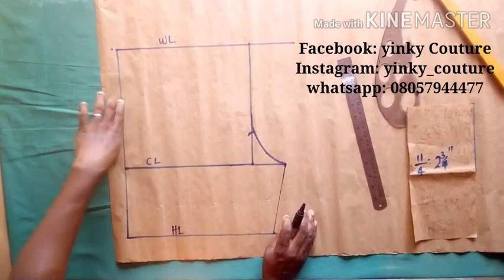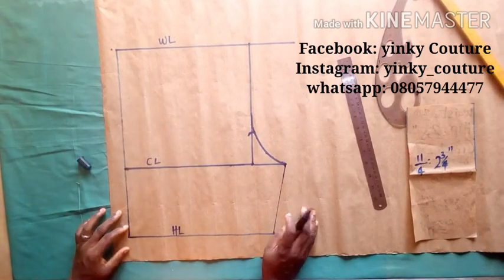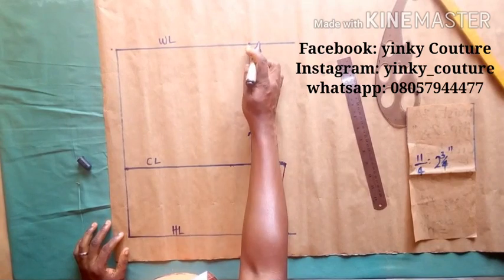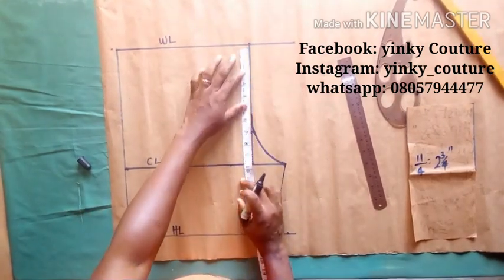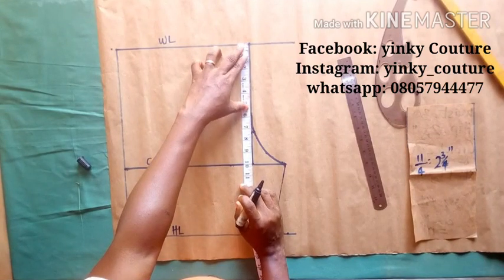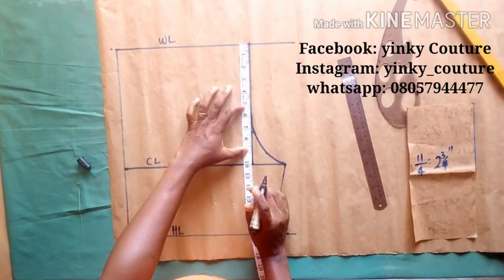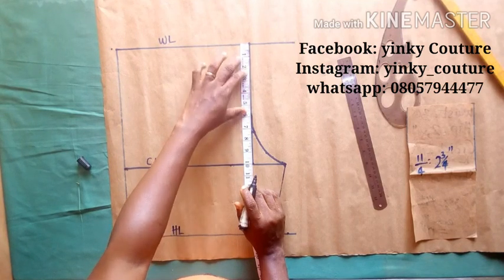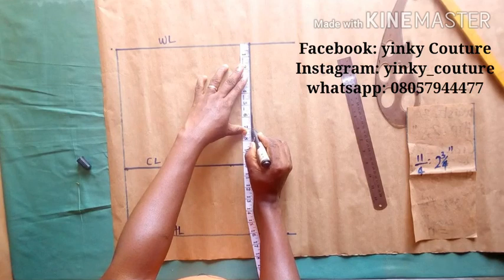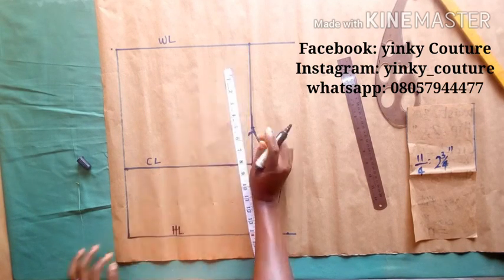So since that one is created, the next thing to do is to create my front fly. I told you it is a decorative front fly, not as if I'll put a zipper. So I'll measure 7 inches down, like so.